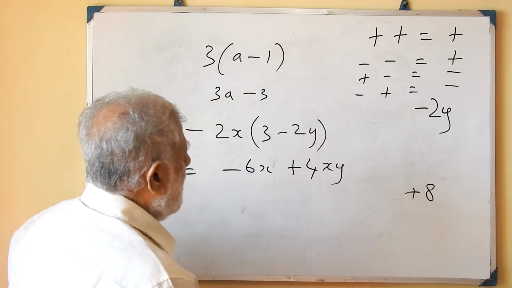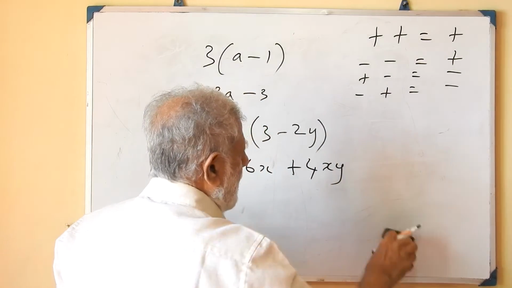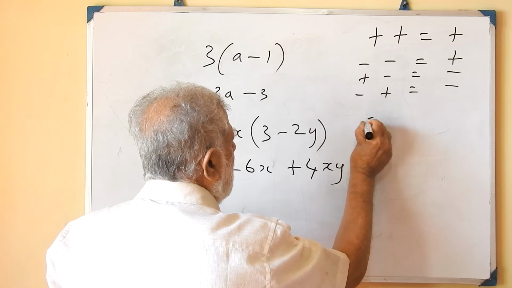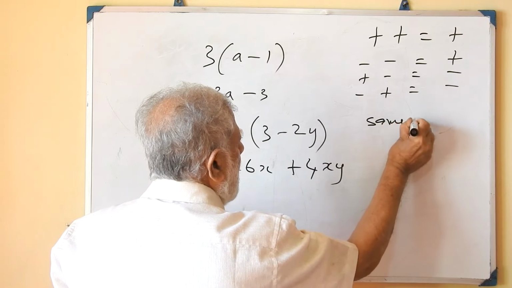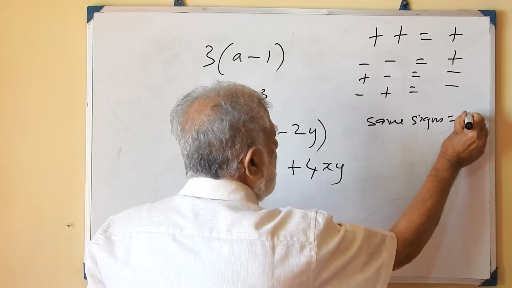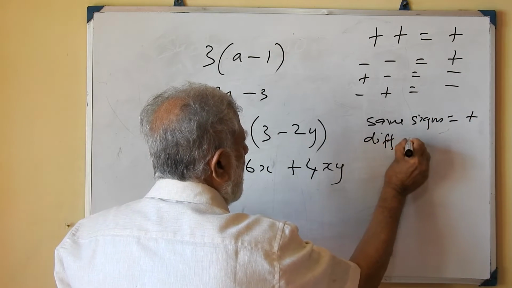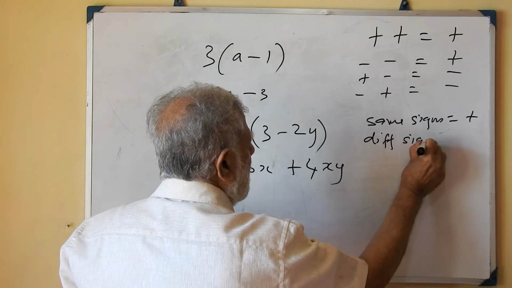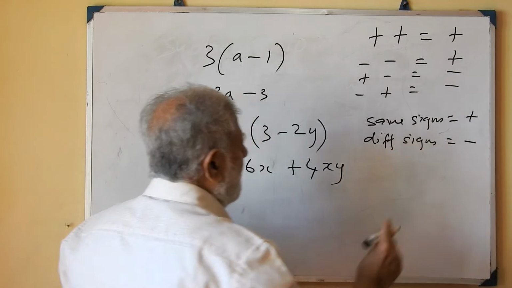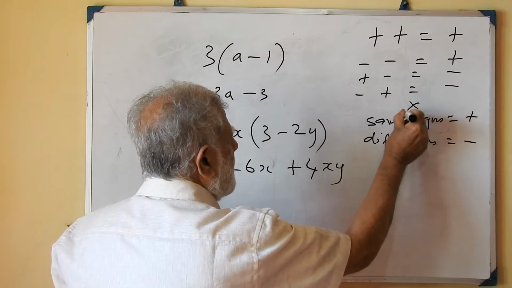So there is a rule. When multiplied, same signs become plus. Different signs when multiplied become minus.